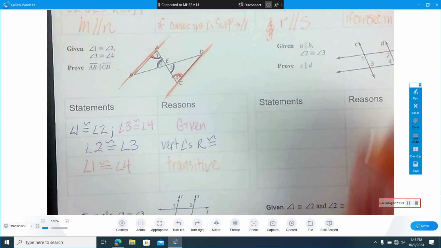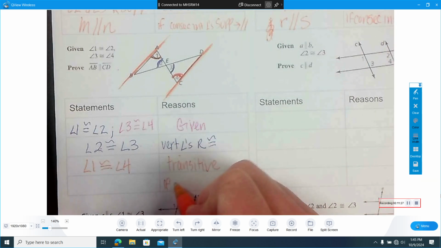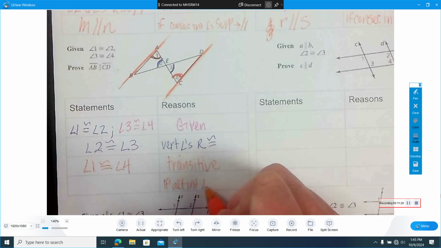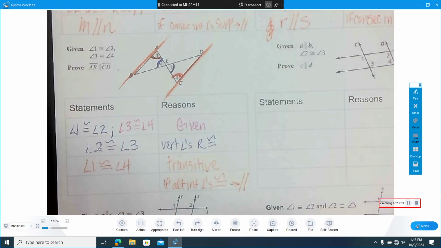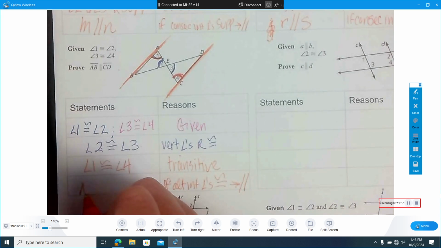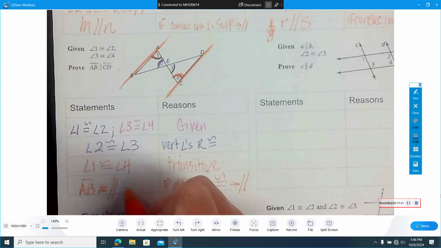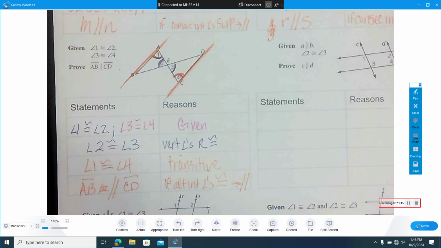What type of angles are those? Yeah, if alternate interior angles are congruent, then parallel lines. And which lines are parallel? Yeah, AB is parallel, dang it, to CD. Segment AB is parallel to CD.